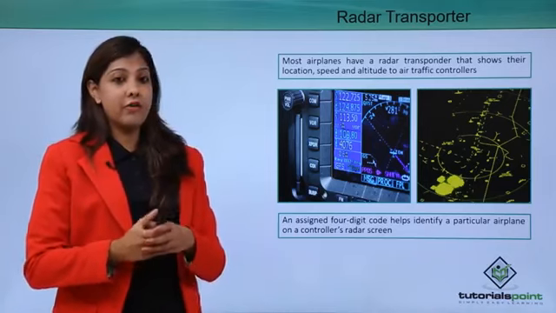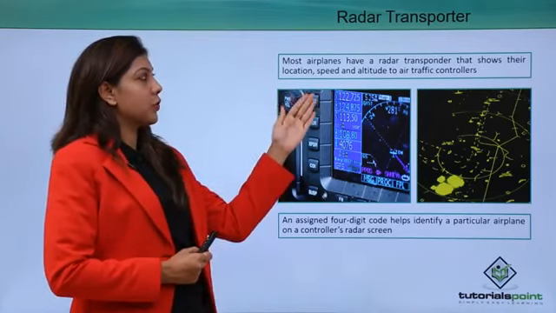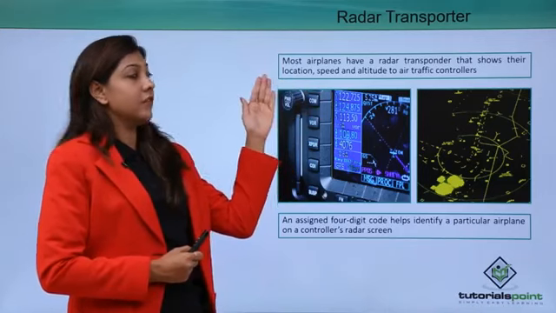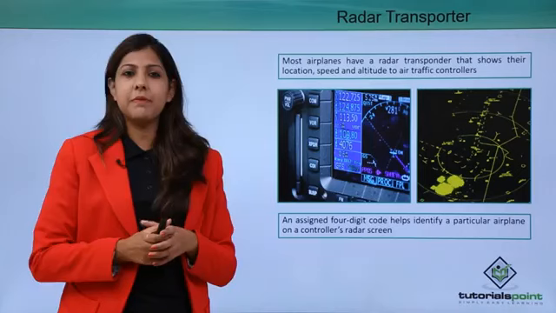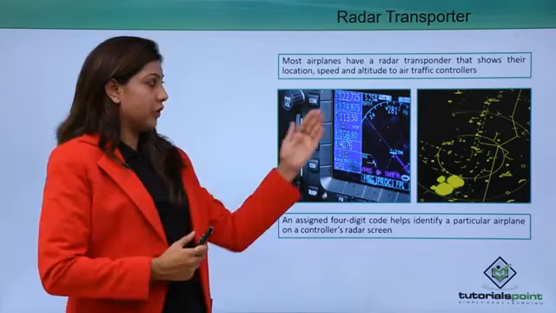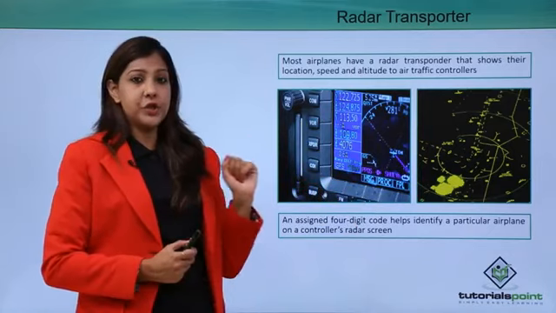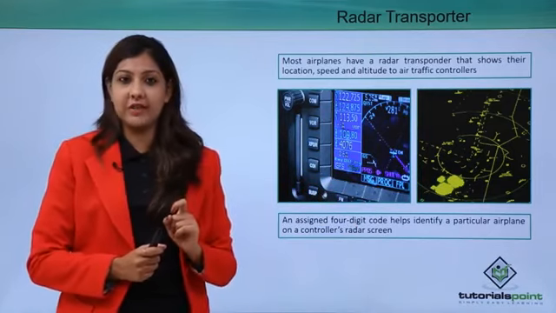Coming to the radar transponder, most airplanes have a radar transponder which shows their location, speed and altitude to air traffic controllers. ATC people sitting inside their cabin have a screen in front of them, something like this, which shows which particular aircraft, depending on the code given to them.